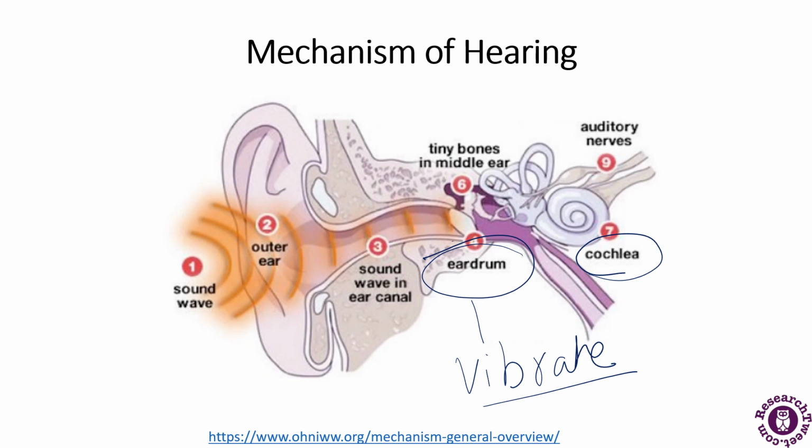The sound vibrations make the fluid in the cochlea travel like an ocean wave. So there is a fluid in the cochlea, and these vibrations move that fluid, and the movement of this fluid in turn stimulates the hair cells and the auditory nerve, which is mentioned here.